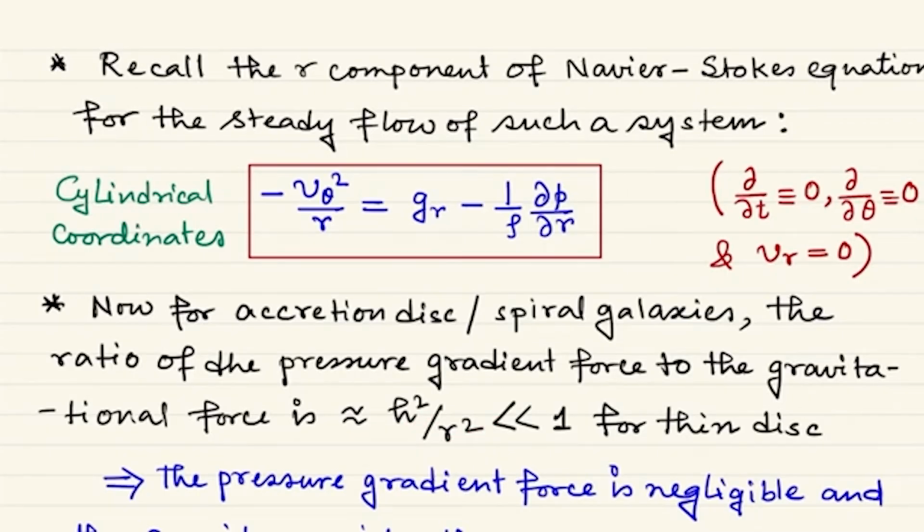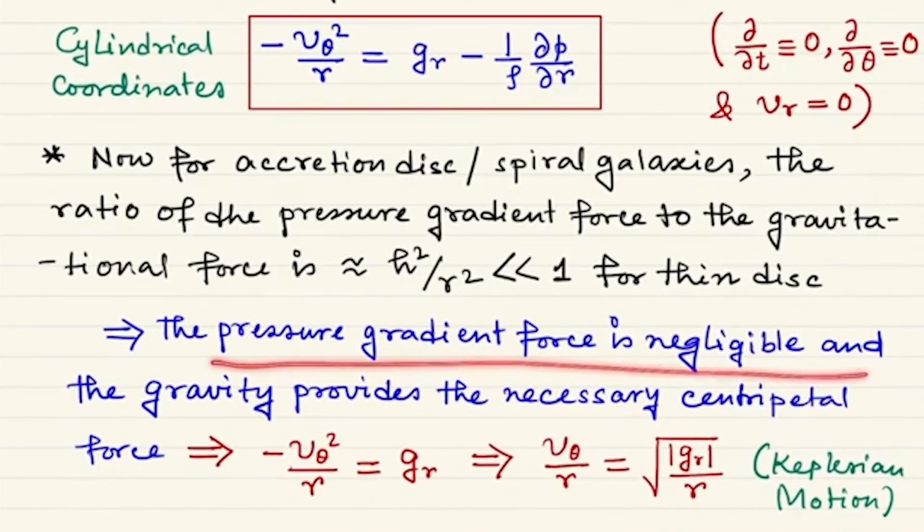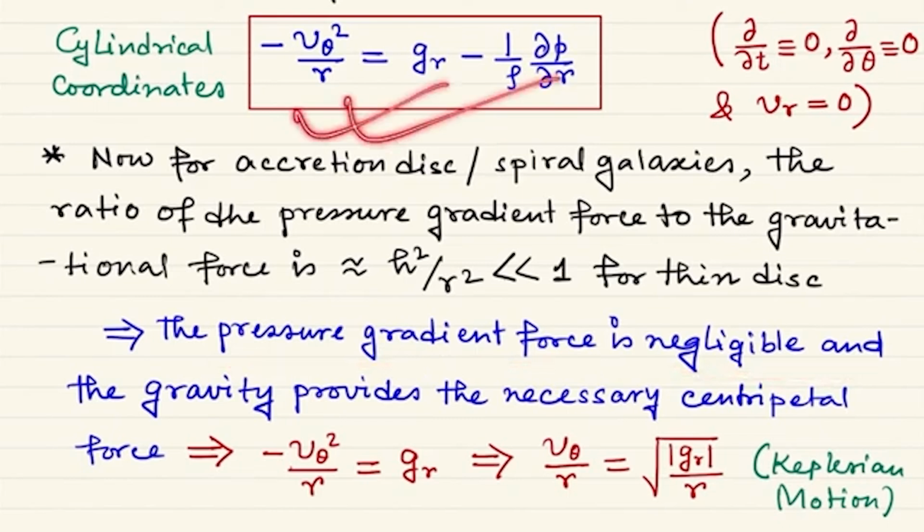So in a thin disk we are getting rid of this term, and we will say that the pressure gradient force is no longer necessary for this balance equation. So it is effectively the gravitational acceleration which provides the necessary centripetal acceleration.